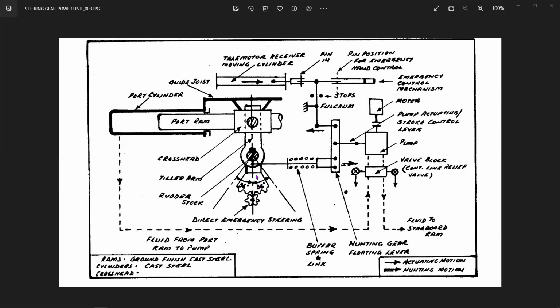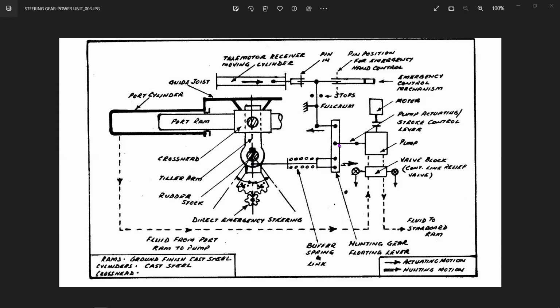Here you have the killer arm connected to the buffer spring and connected to the floating lever, and directly connected to the floating lever is the pump. If there are two pumps, there will be one connected to one pump and another connected to the other pump also. And there is that anti-motoring operation which does not allow the other pump to start, because of that hydraulic wall there, or that anti-motoring mechanical ratchet and ball which you just saw.